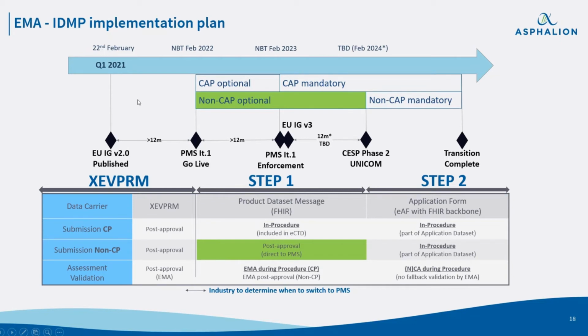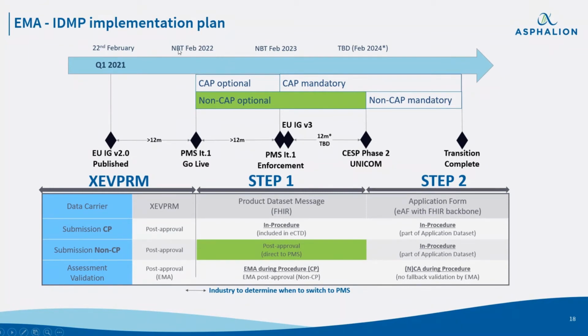What is official, at least until now, is that the go live will not happen before 12 months after this release of the guidance. That means that it will not be before February 2022.